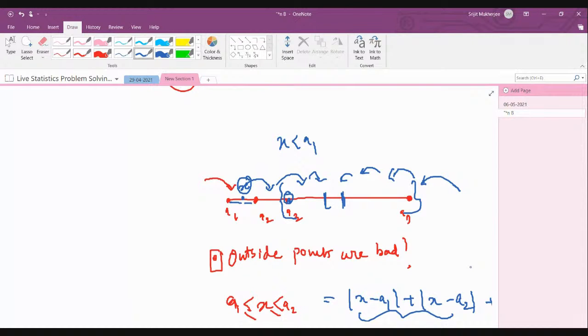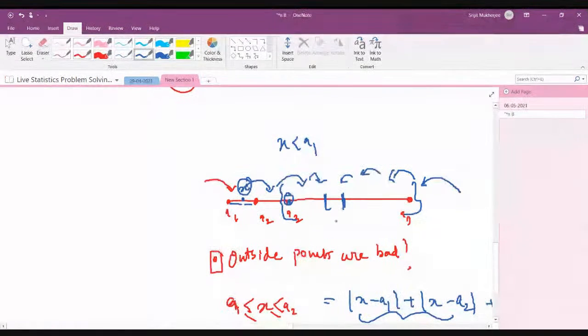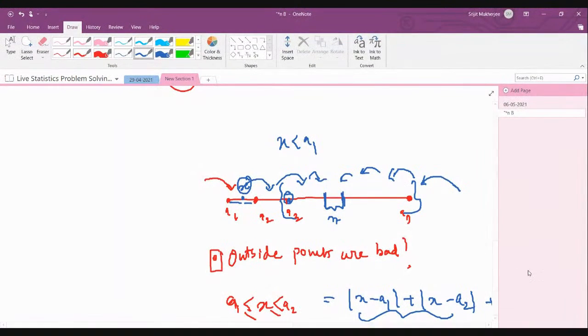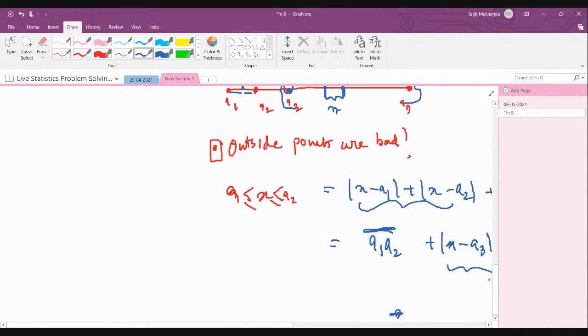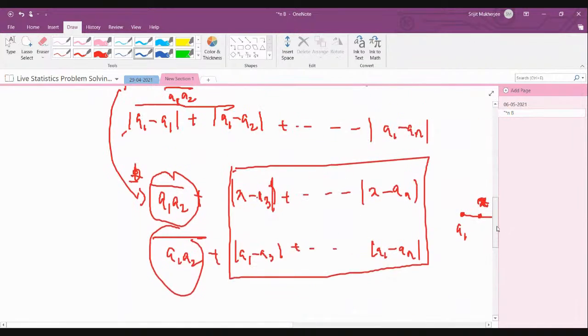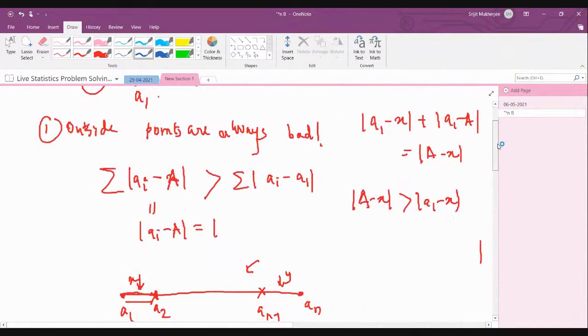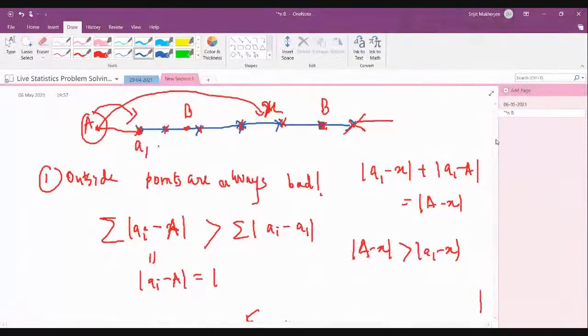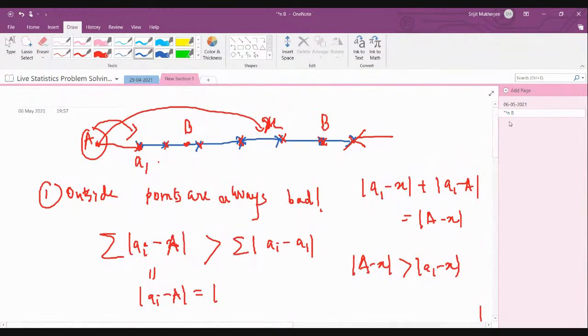We remove a1 and an on the other side and minimize again, and we keep on minimizing till we get into the middle position, that is the median. We are decreasing till we get a point. This is a really beautiful idea. It doesn't involve too much mathematics, just basic intuition, basic numbers.